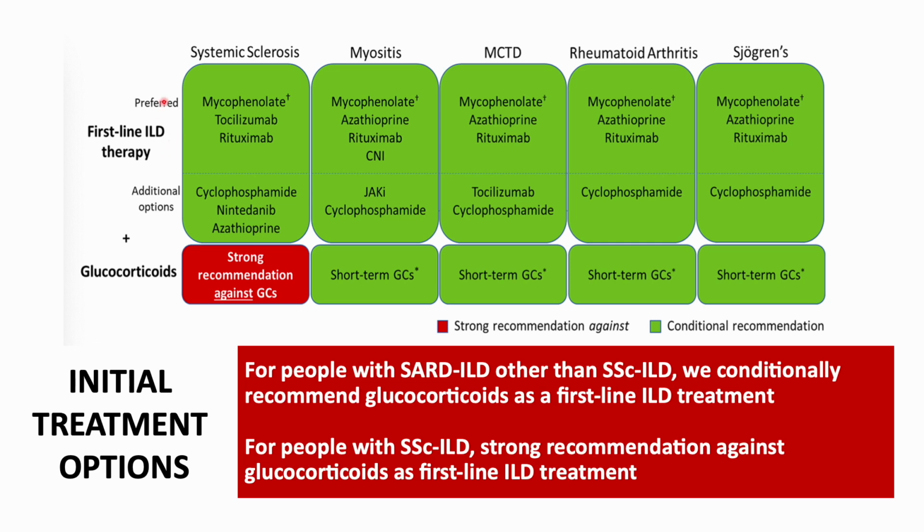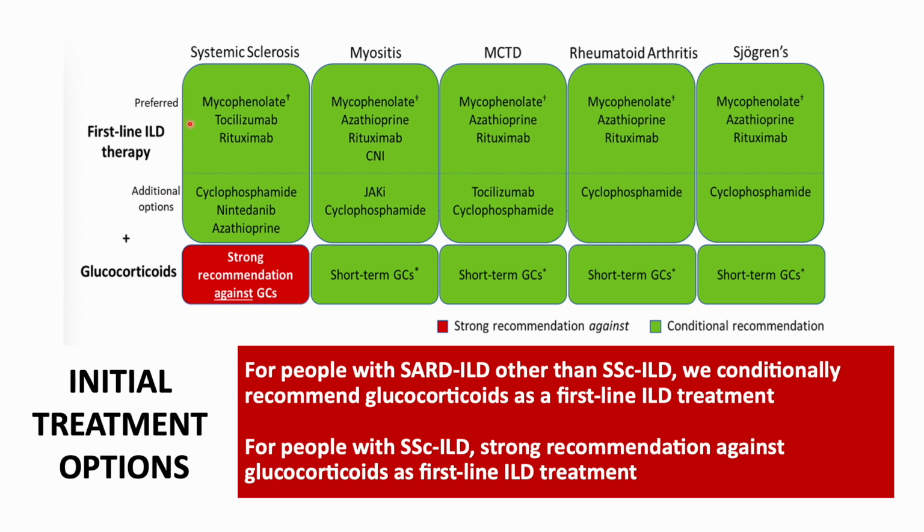The other group that's mentioned here is first line ILD therapy. The first line ILD therapy group that they have mentioned is a hierarchy based on the number of votes that each therapy got from the panel, and this has further been divided into the preferred group and the additional options.